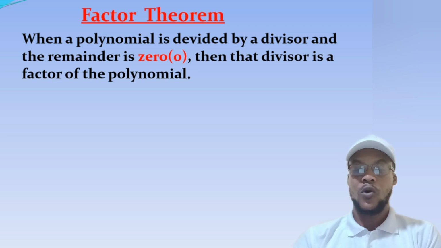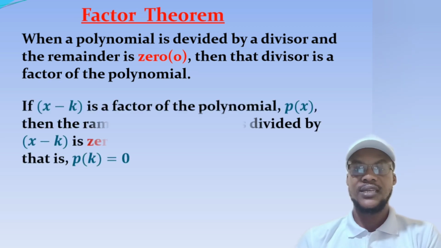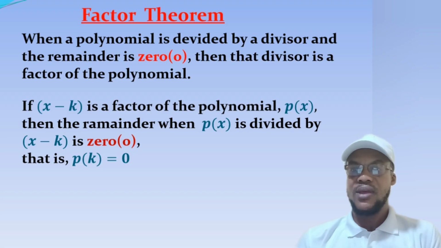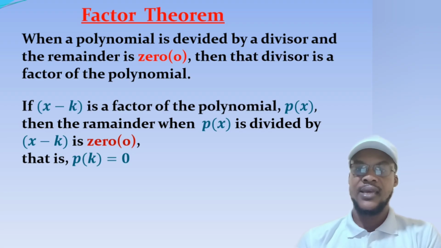For instance, if x minus k is a factor of a given polynomial p of x, then the remainder, when that divisor x minus k divides the given polynomial function, is 0. Then we conclude that the divisor is a factor.